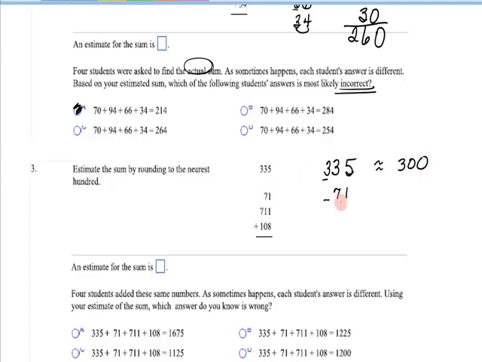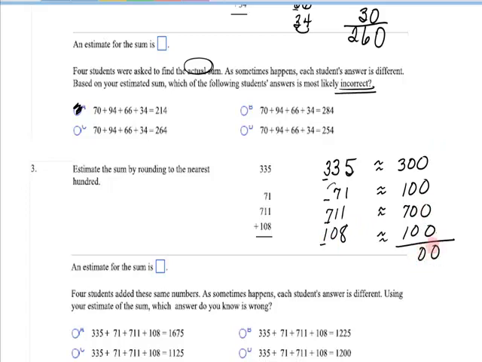There's not anything in the hundreds place, but the 7 will tell you to round up, so this rounds to 100. 711 to the nearest 100, that's going to round to 700 because the 1 is smaller and it says just drop that off. 108, 0 behind it, that's going to be 100. So 335 is closest to 300, 71 is closest to 100, 711 rounds to 700, 108 rounds to 100.